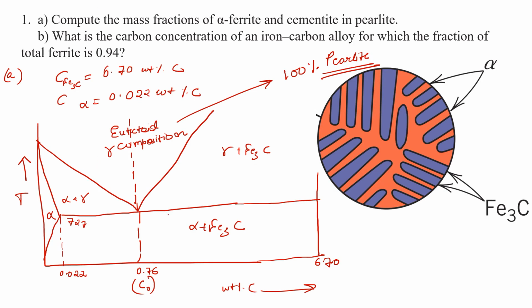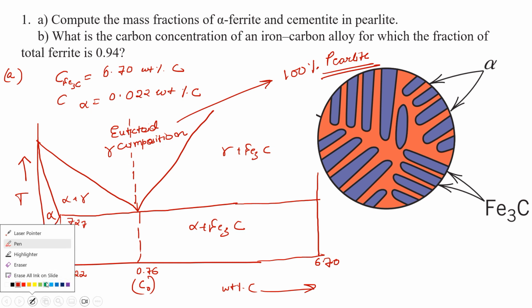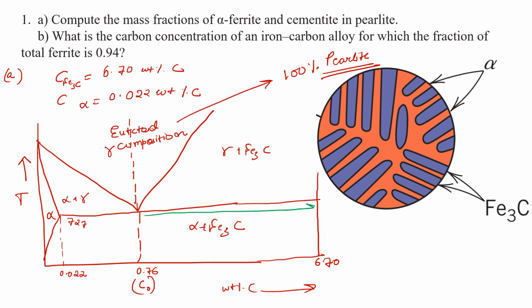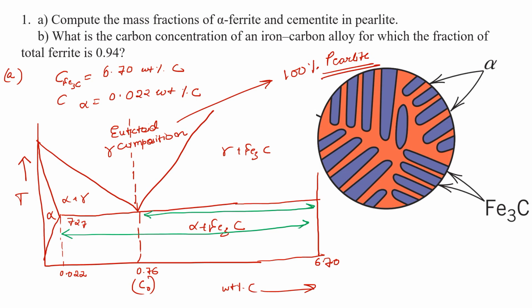since the mass fraction of alpha just below the eutectoid temperature, where 100% pearlite is formed, will be this part divided by this part. So this should be C Fe3C minus C naught, divided by the total, C Fe3C minus C alpha.